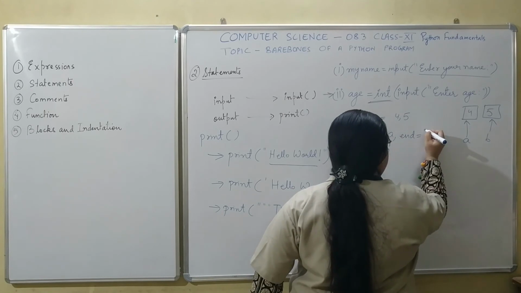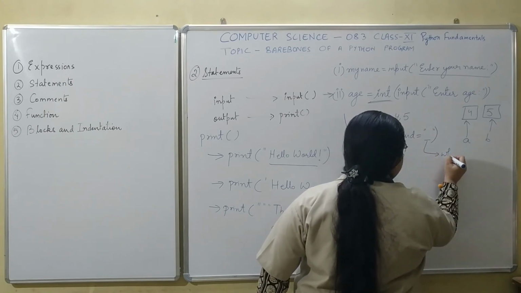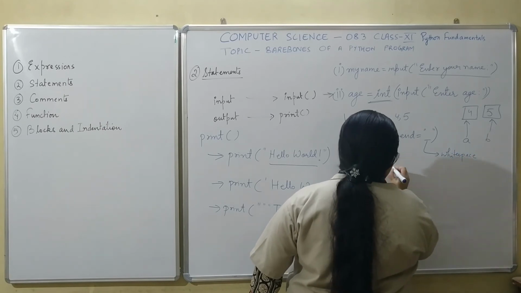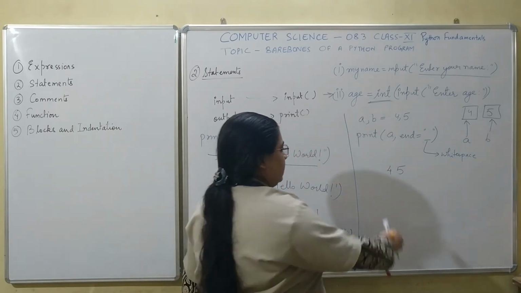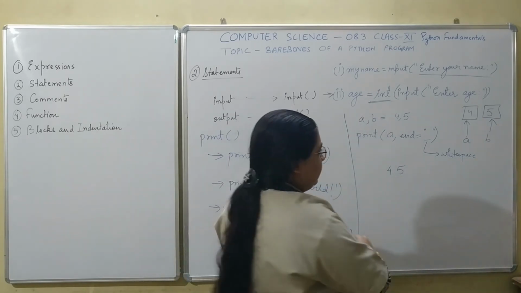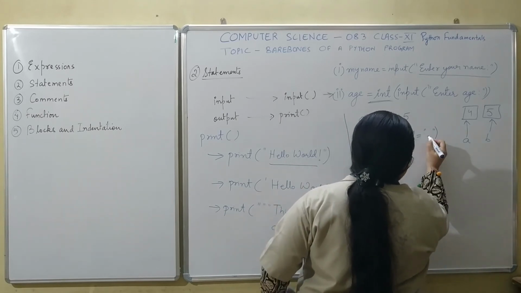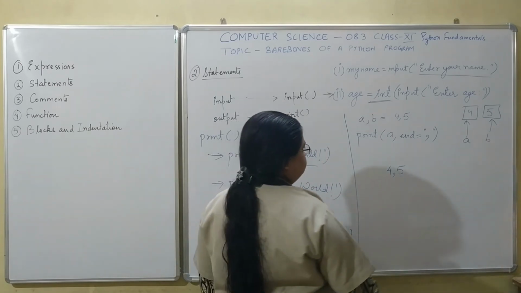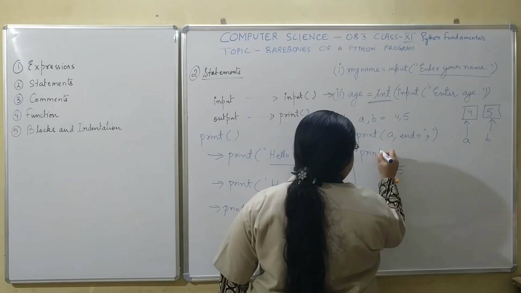But if we provide a space after this, that is a single white space, then 4 and 5 would be printed this way with a space in between. If this same space I replace by a comma, then a comma would be printed in between. So it is like this.